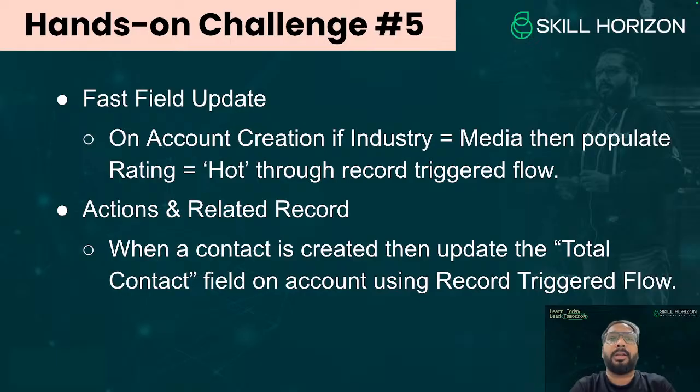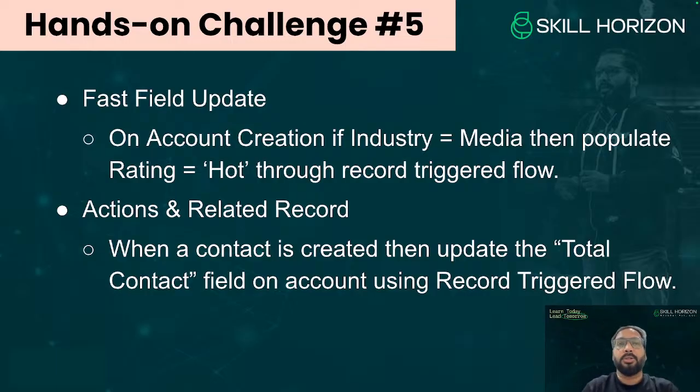In that case, if you create a new record and the account is already available with some existing contacts, then it will work. But the problem is, if we have existing records, we created this field right now and the field default value is 0. So for the existing accounts which already have contacts, those will not be counted. Only the new contacts that you create related to any account will be counted.